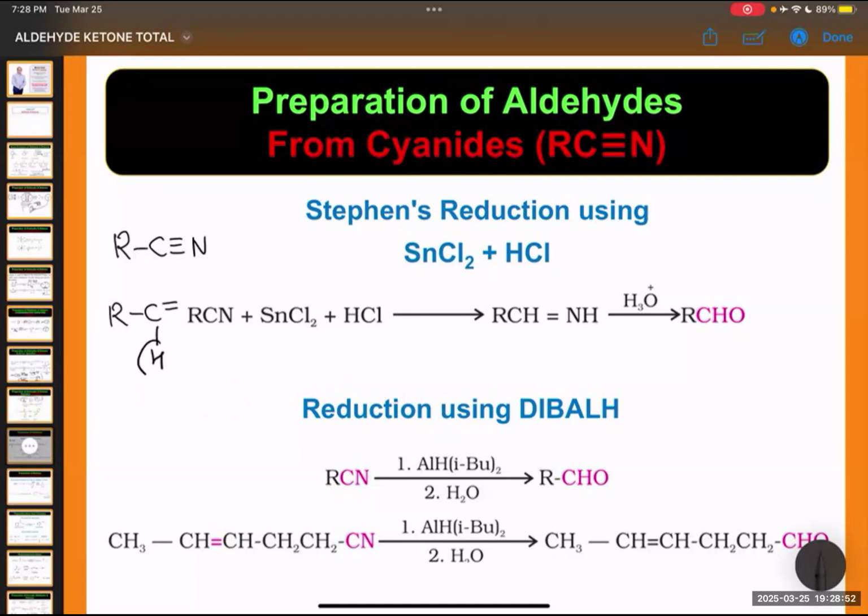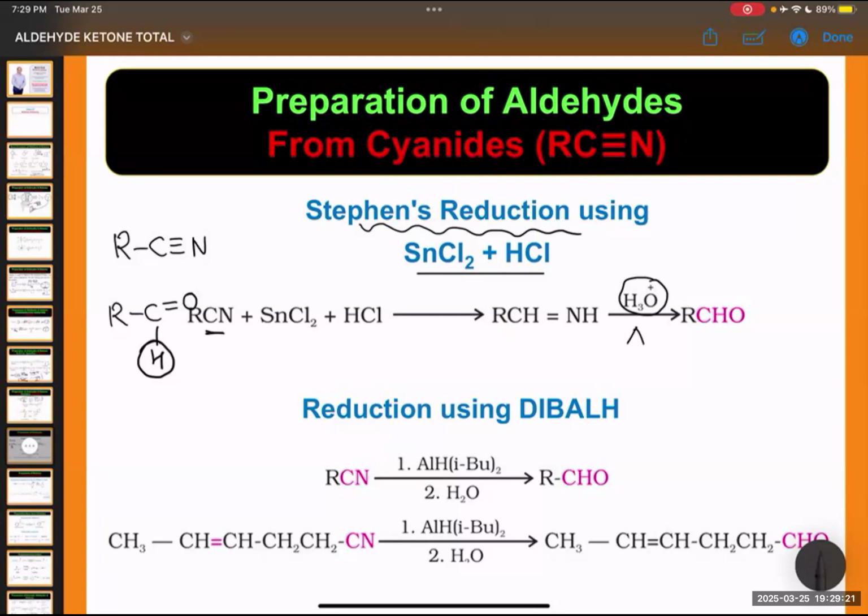First of all, you need to attach one hydrogen and replace this nitrogen by oxygen. So you need to do the partial reduction, not the complete reduction. And the partial reduction can be carried out using Stephen's reduction, SnCl2 and HCl followed by H plus, H2O, steam and boiling.